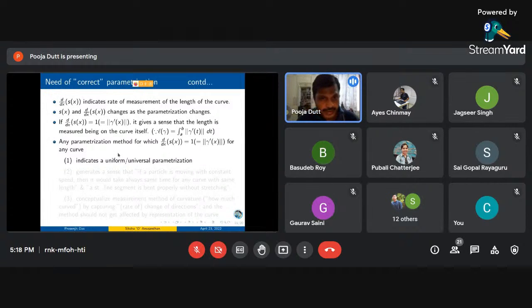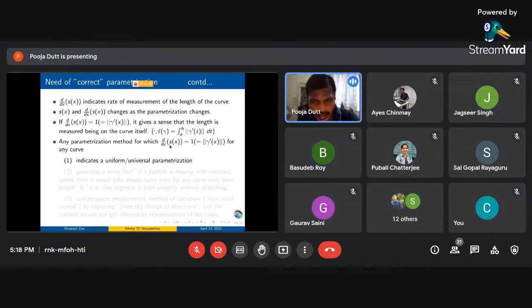So is there any parameterization for which the differentiation of the arc length function is always 1? In a sense, the arc length function is always x, or translates of x.